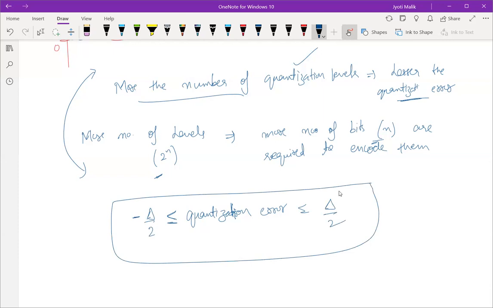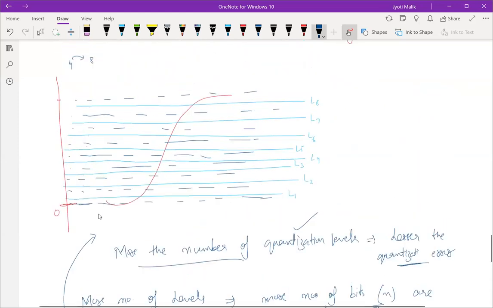Maximum quantization error can be half of the step size and minimum minus half of the step size. So these things are important here.